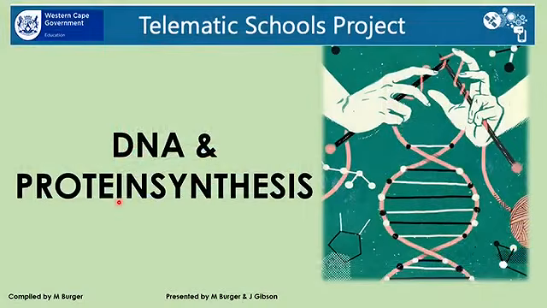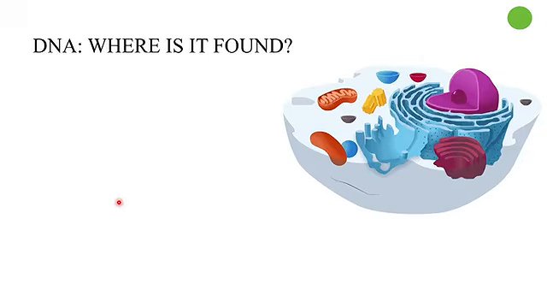With our very first slide, which is just a quick, brief introduction, or revision if you want, of where DNA can be found within a cell. As you would have learned in grade 10, the site where we will extract DNA from is inside our nucleus.